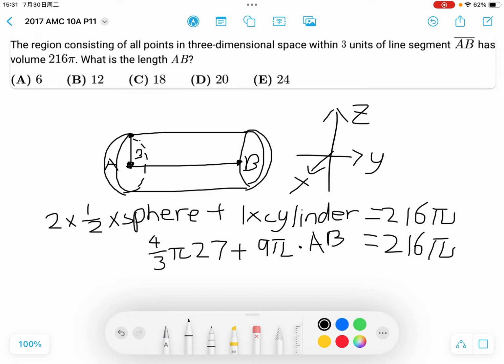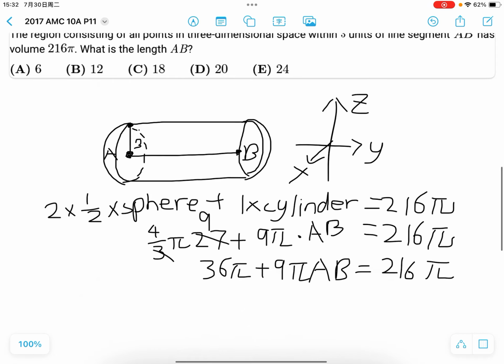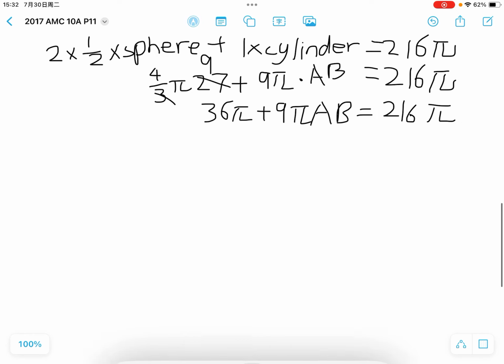So I have this equation on the left side, and I can just factor this out. I have 36 pi plus 9 pi AB is equal to 216 pi. So what if I just divide both sides by pi?